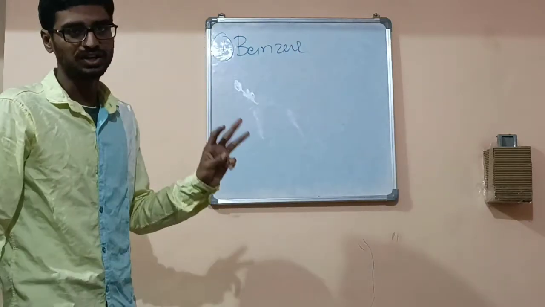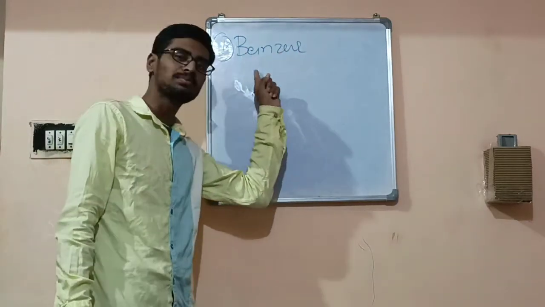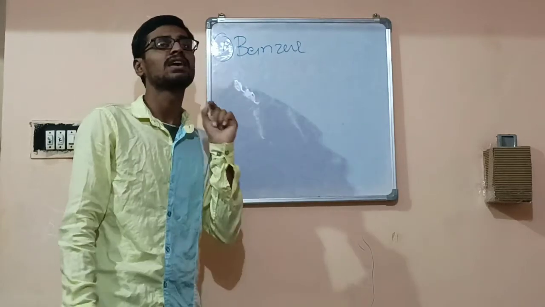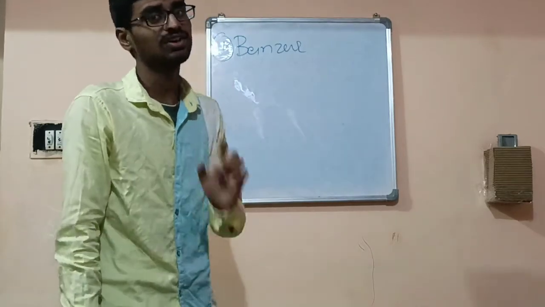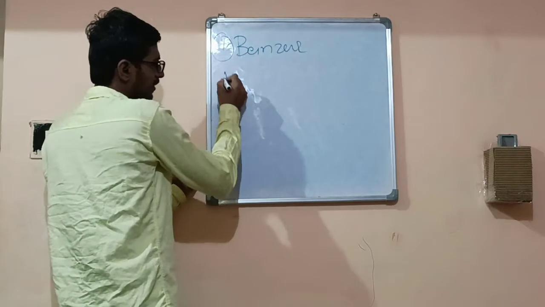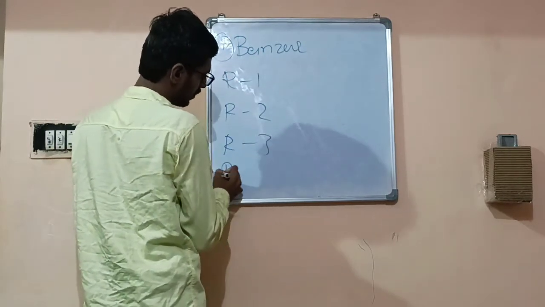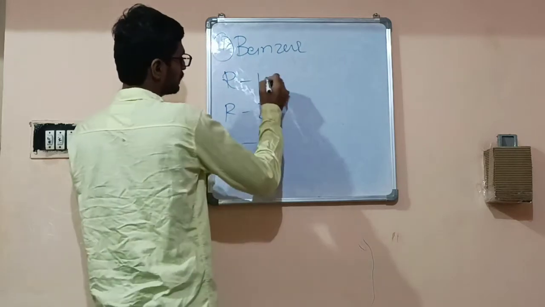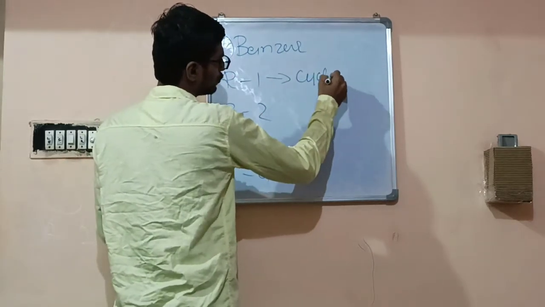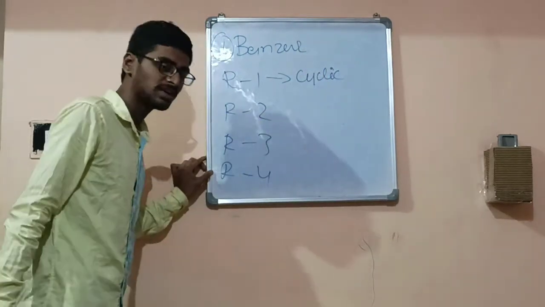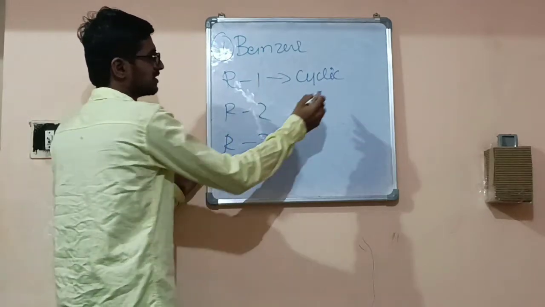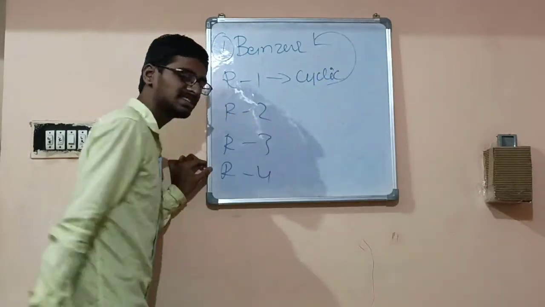There are four conditions to check whether this given compound, benzene, is really aromatic in nature or not. Again, I will write here for the sake of understanding. The very first rule is that the compound should be cyclic in nature. Does benzene possess a cyclic nature?